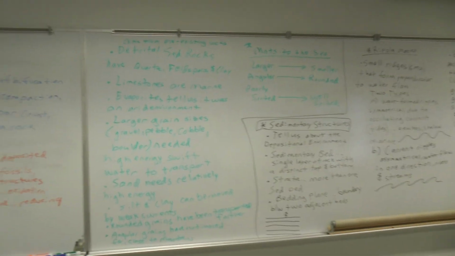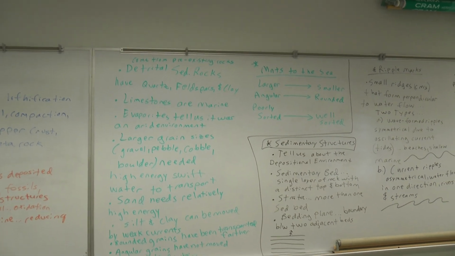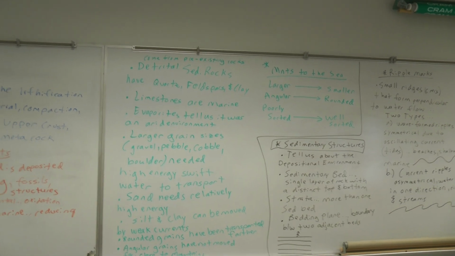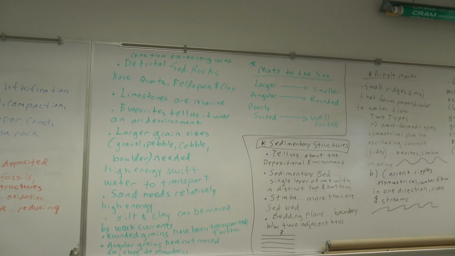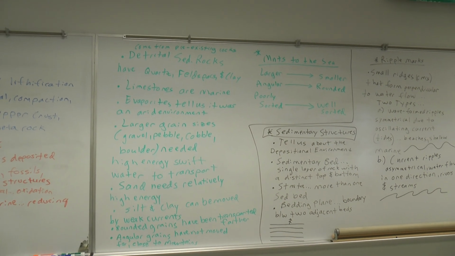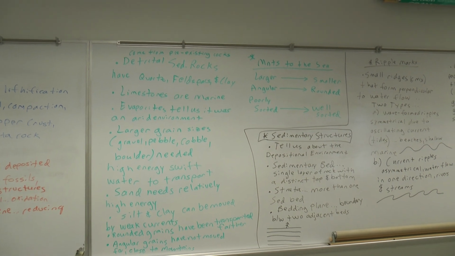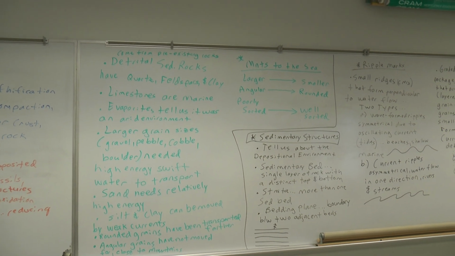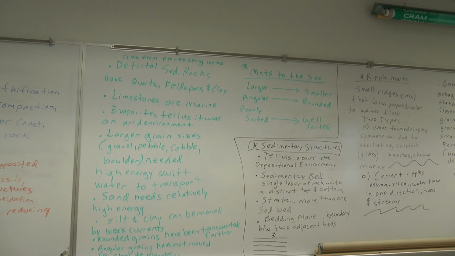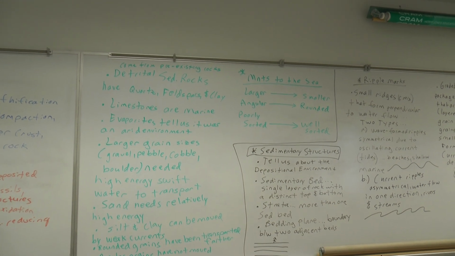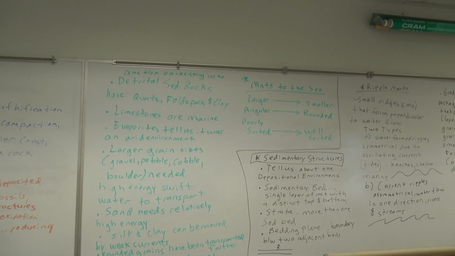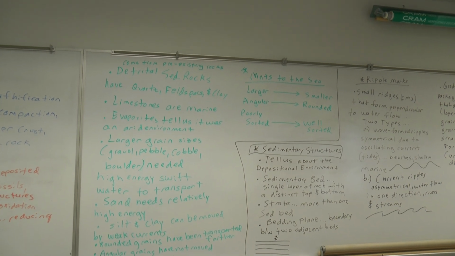All right, now we're in green, so we're on to a slightly different topic. Just some interesting things about what the sedimentary rocks tell us about what the environment was like in the past. Detrital sedimentary rocks are sedimentary rocks that come from pre-existing rocks, as in they're pieces of pre-existing rocks.